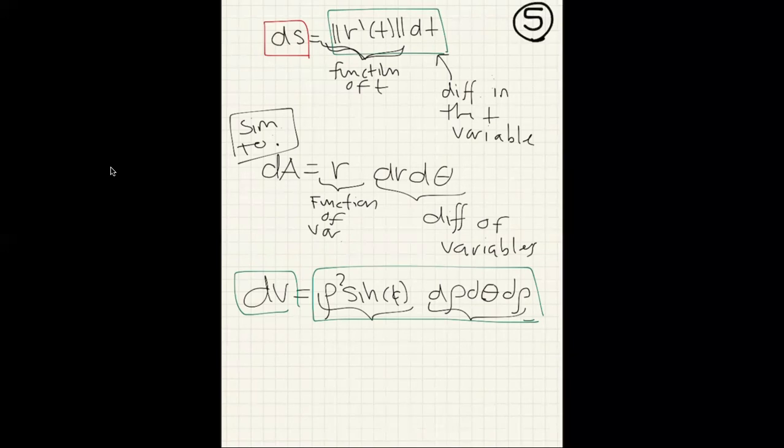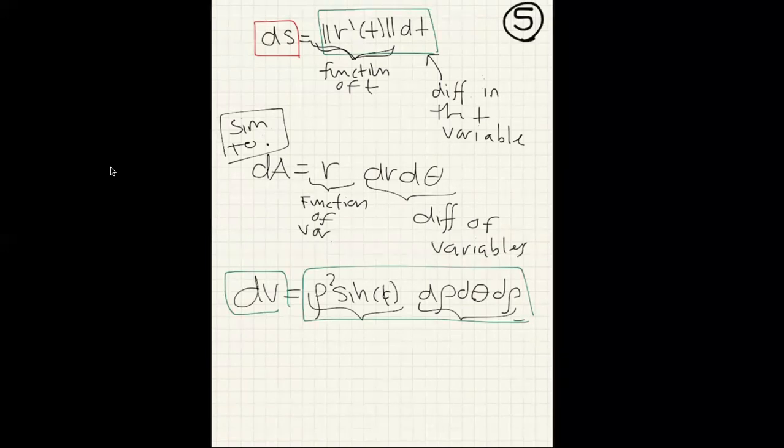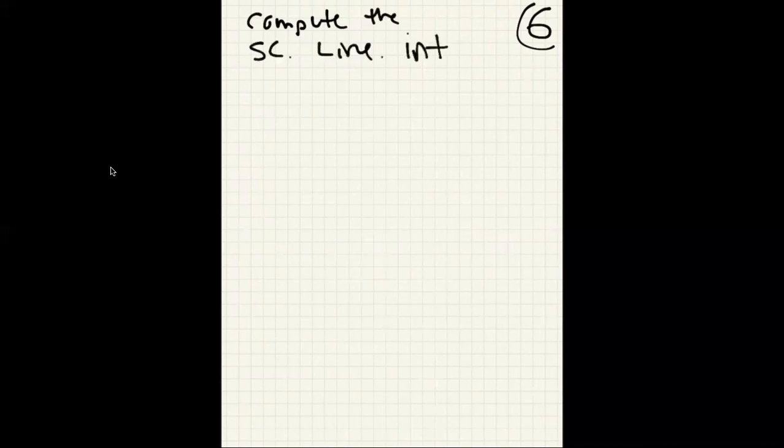Okay, let's do this. So here was a problem from OpenStax. Compute the scalar line integral of f of x, y equals y. It's a function.